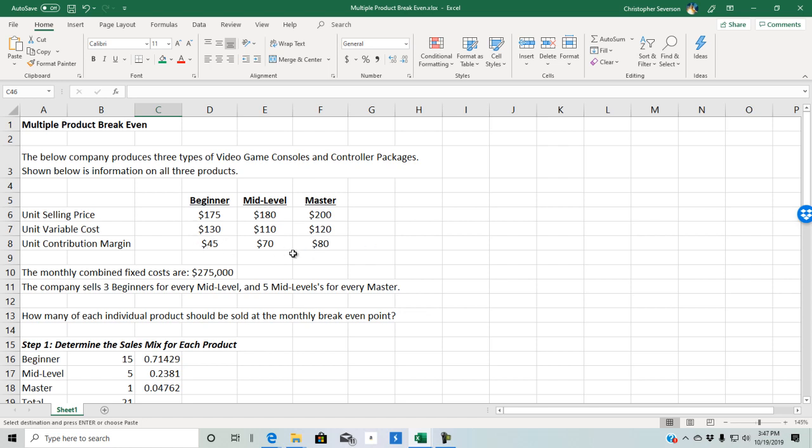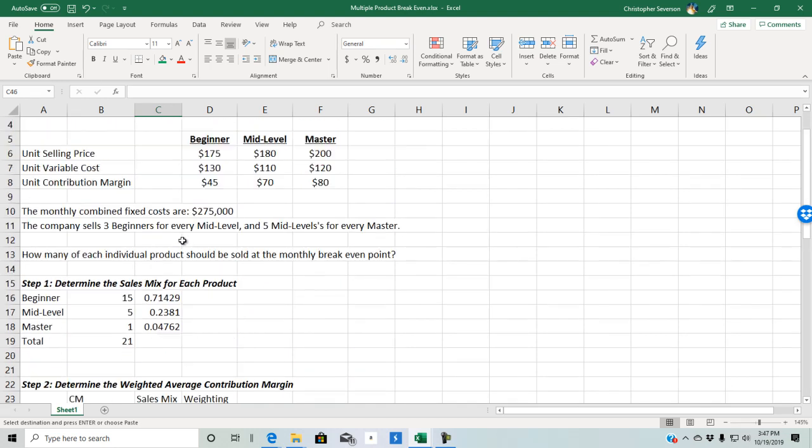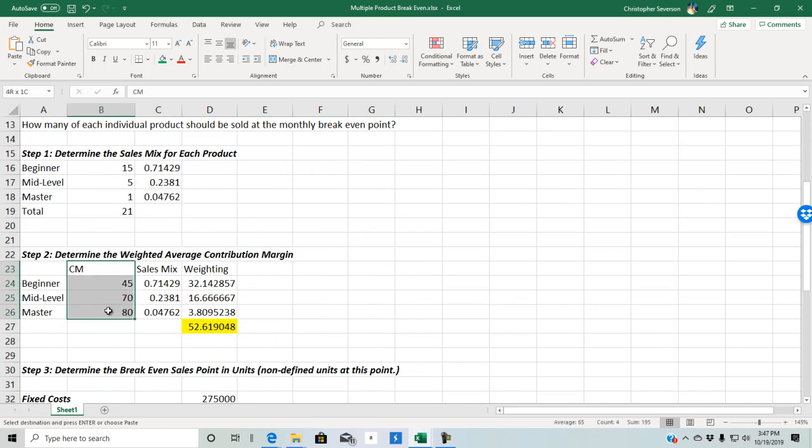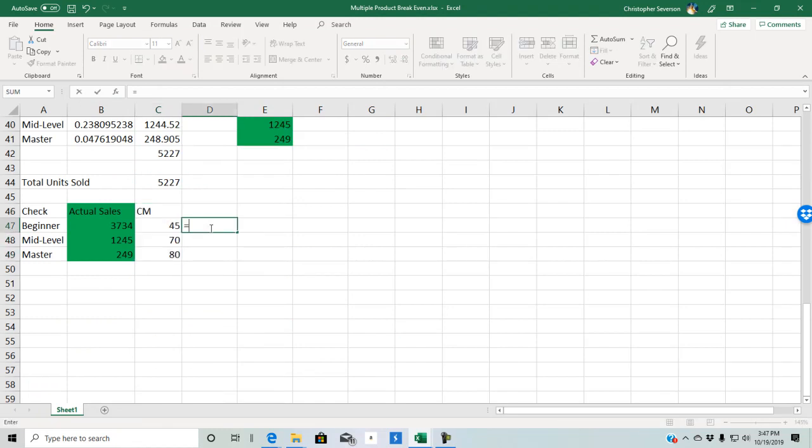So really what matters is the contribution margin. We have that up here somewhere. I guess we didn't. Yeah, we do, right here. Contribution margin, 45, 70, 80. So we're just trying to identify how much are we getting from all of these. This is how much contribution margin each of these sales is making.